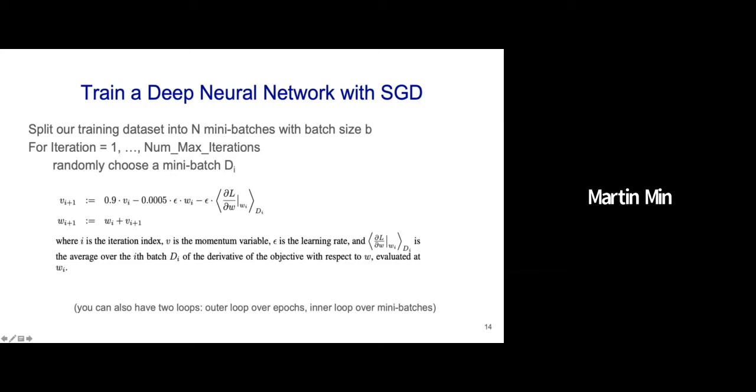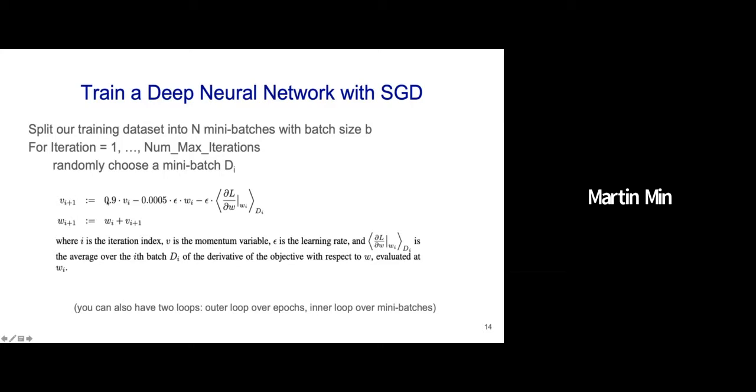And then for each iteration, we randomly choose a mini batch with the batch size of b, for example, 128, and then we calculate the gradient of your loss function on this batch of inputs. When you use momentum, you want to keep the previous gradient weight update.